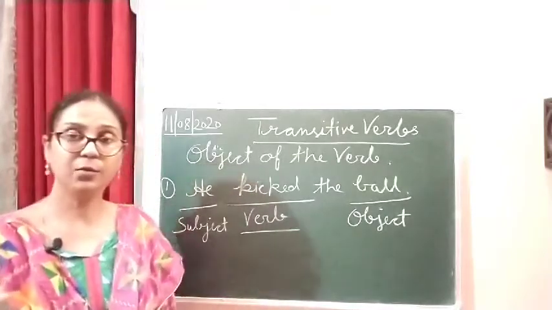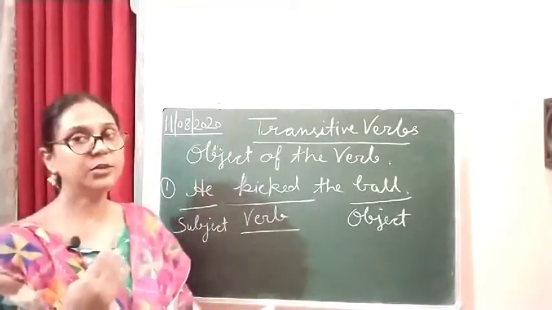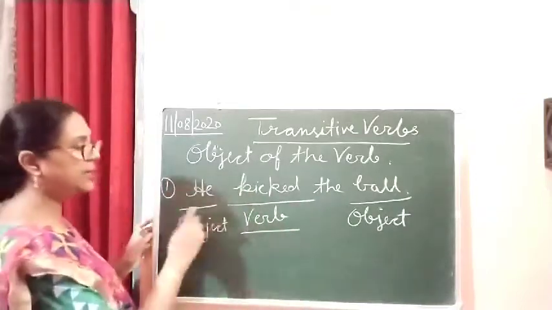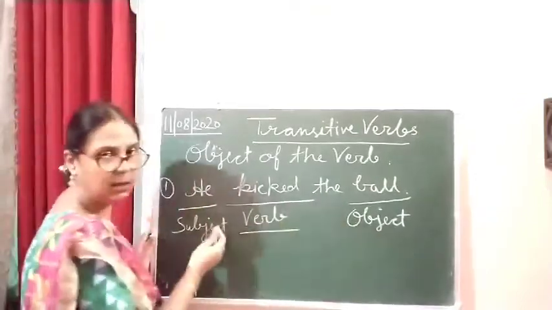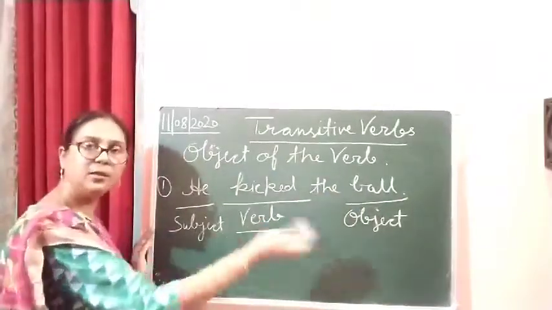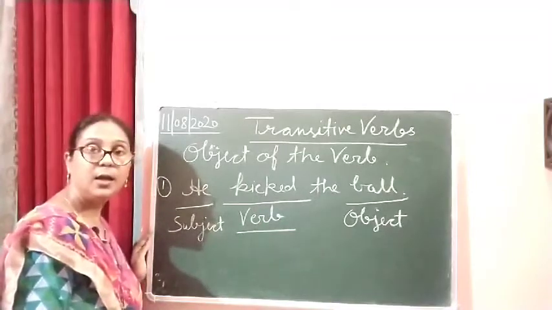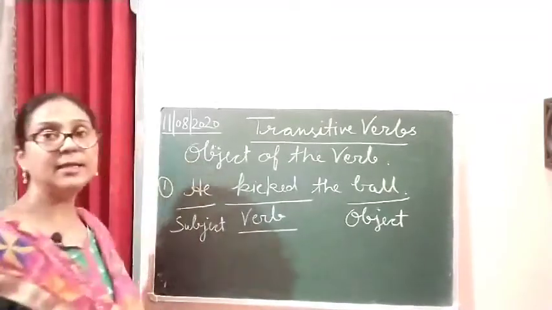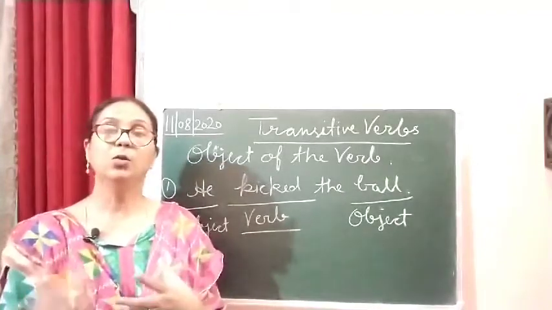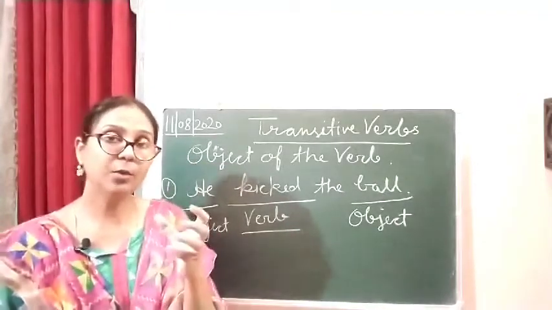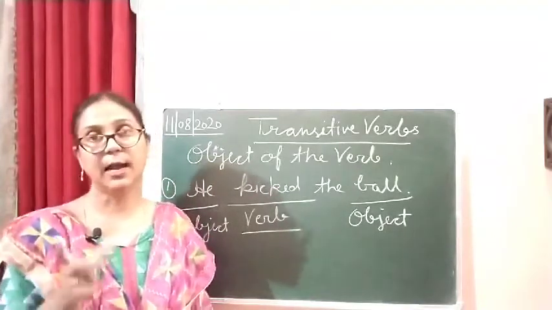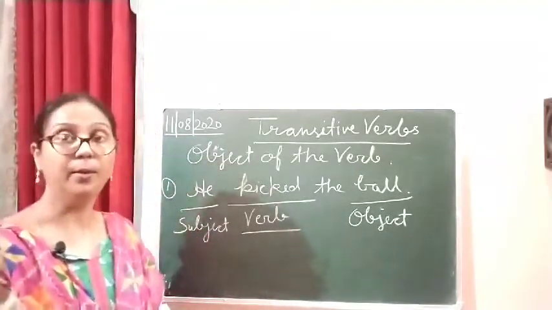So we have to understand what direct objects and indirect objects are. Here you can see it is a simple sentence, he kicked the ball. Only one object is there, so you can say this is the direct object. And the problem comes when we have to sort out where the direct object is and where the indirect object is.